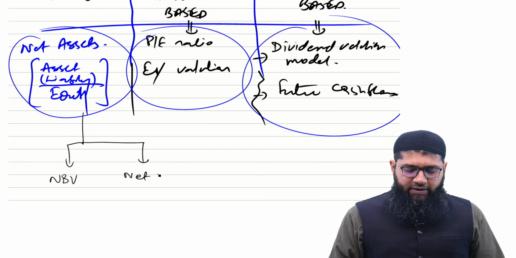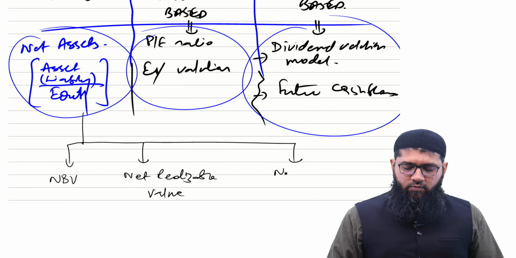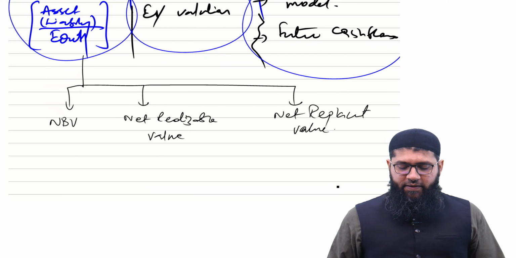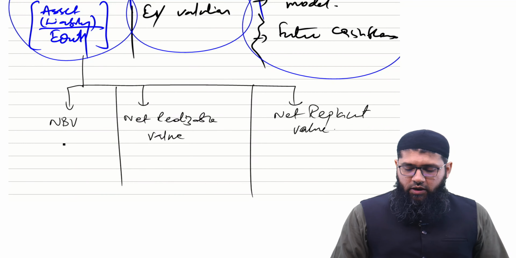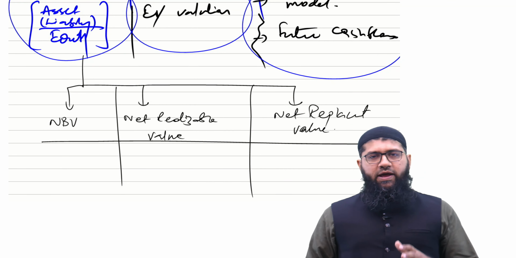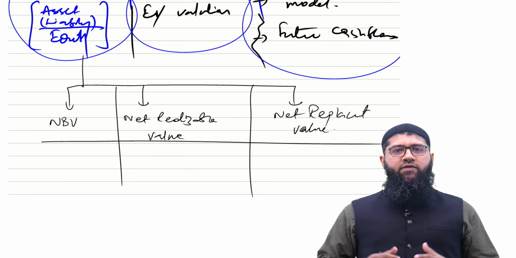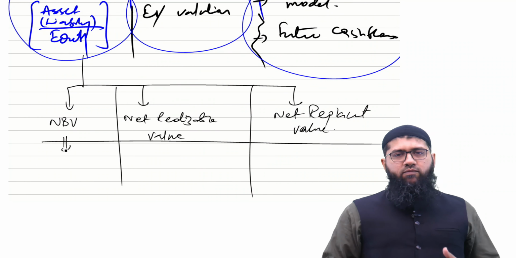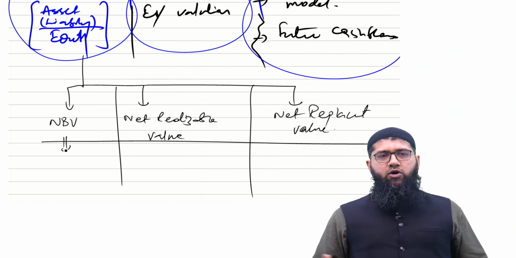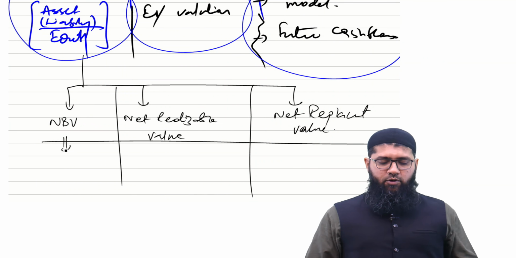There could be net realizable value, and there could be net replacement value also. The net book value is simply the book value of assets less the book value of liabilities. That's what the net book value is.